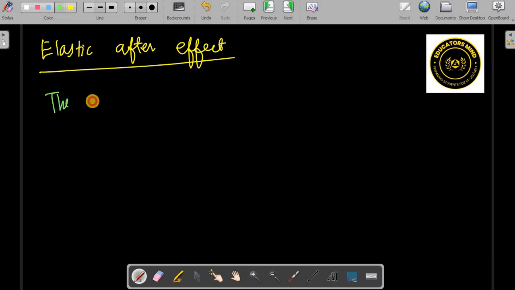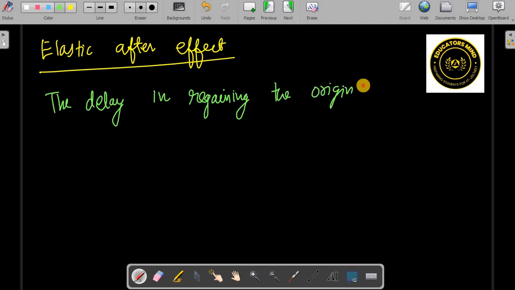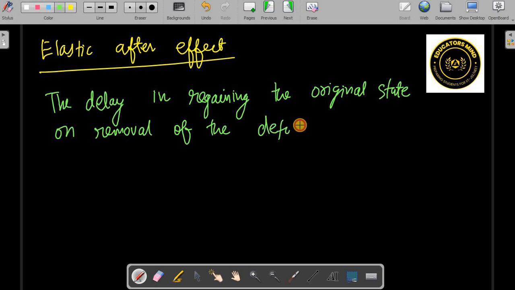So let's note this: the delay in regaining the original state on removal of the deforming force on a body, that is called elastic after effect.